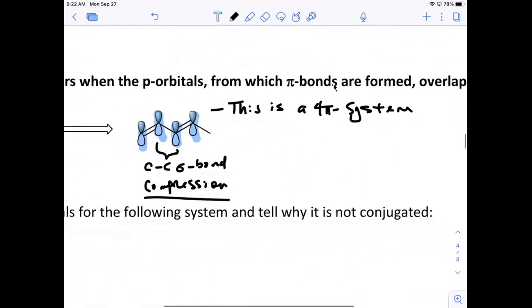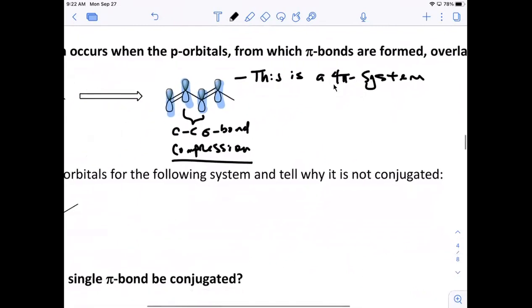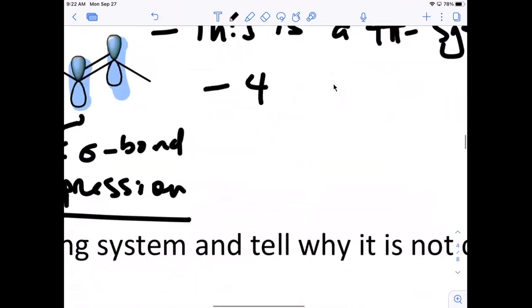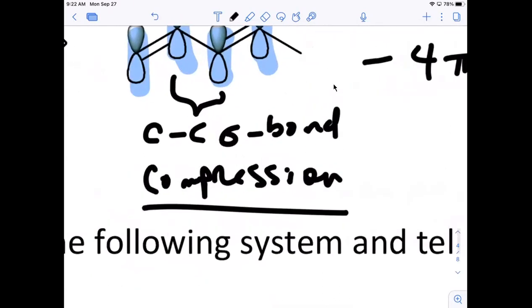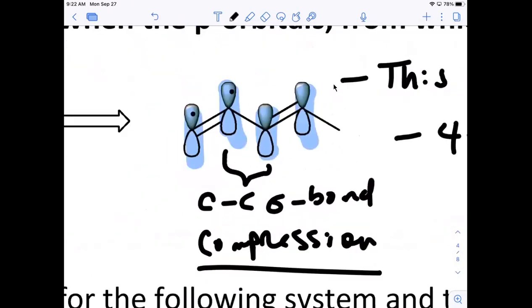That's what we call a 4 pi system, because you have two pi bonds that are conjugated to one another, and then there are 4 pi electrons. So y'all following that? Because each one of these p orbitals has one electron in it. All right. Questions about that?